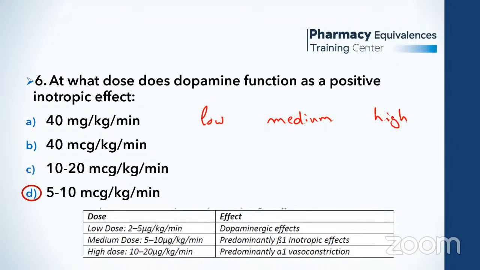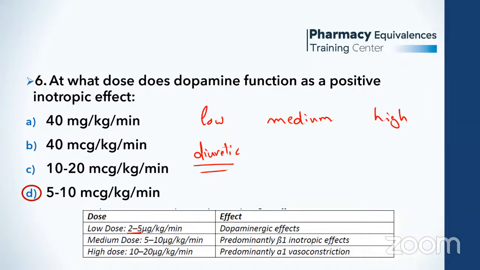Okay. The low dose is in between 2 to 5 microgram per kg per minute. What is the action of this dose? It will cause a diuretic effect. It will act as a diuretic. Okay? The medium dose is in between 5 to 10 micrograms. What is the action of this dose?